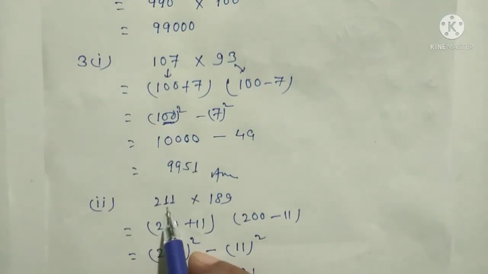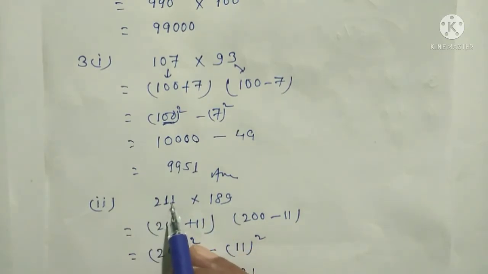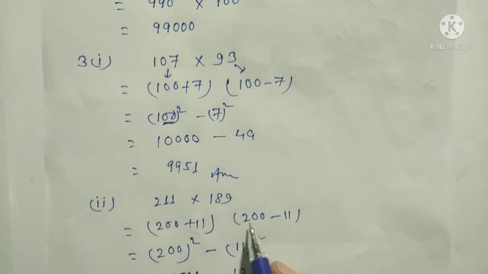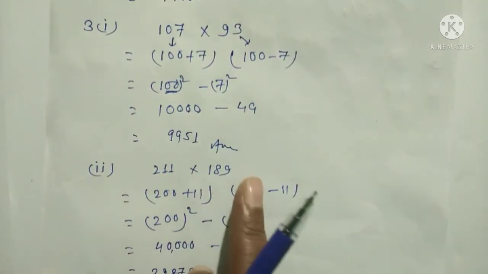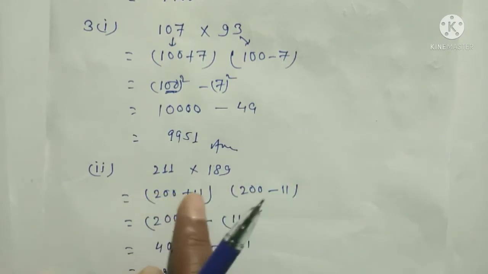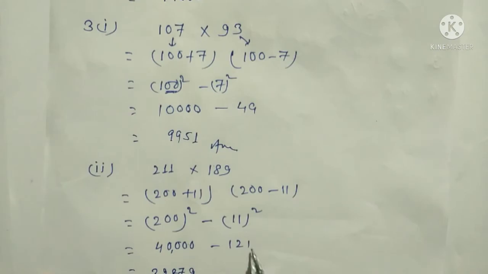Now 211 into 189. It will be 200 plus 11 and 200 minus 11. So a plus b, a minus b, a square minus b square. 2 twos are 4 and four 0s, 40,000. 11 square means 121.